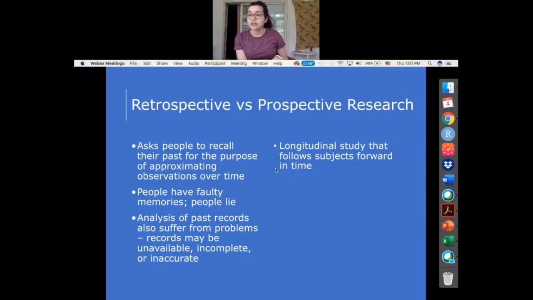Sometimes the first time people are asked those questions, they don't remember, but maybe it jogs their memory later and they can remember at a time more in the future when they've had some time to reflect. So there's some ways to go around that, but we do need to be upfront with the fact that people do have faulty memories and sometimes people lie, right? And for whatever reasons that may happen, especially when we're dealing with trauma.